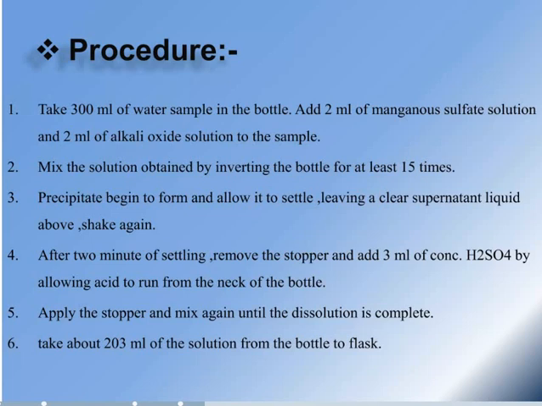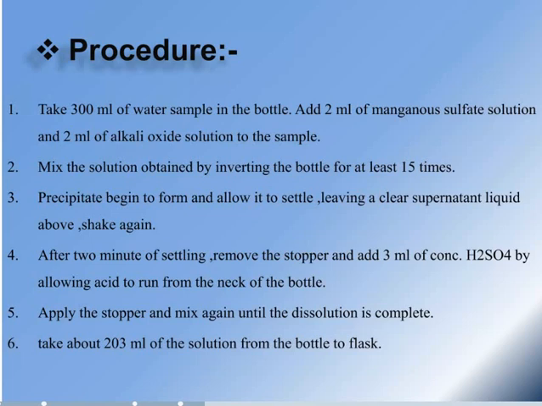A precipitate begins to form; allow it to settle, leaving a clear supernatant liquor above. Shake again. After 2 minutes of settling, remove the stopper and add 3 ml of concentrated sulfuric acid by allowing the acid to run from the neck of the bottle. The next important point, apply the stopper and mix again until the dissolution is complete.